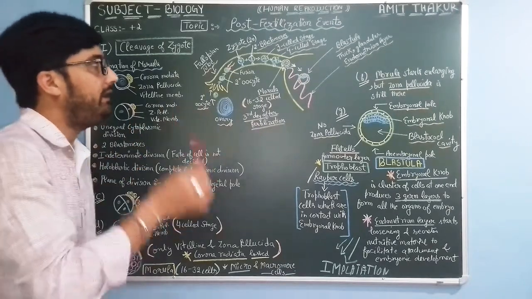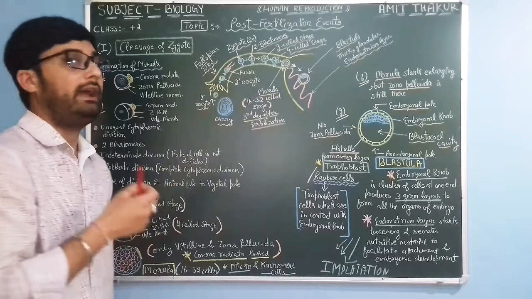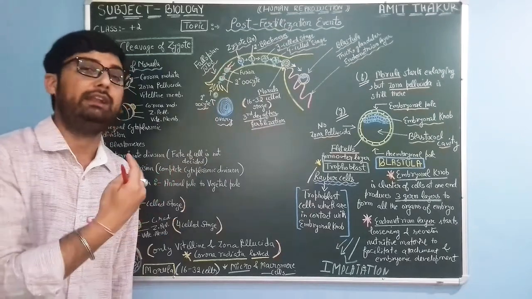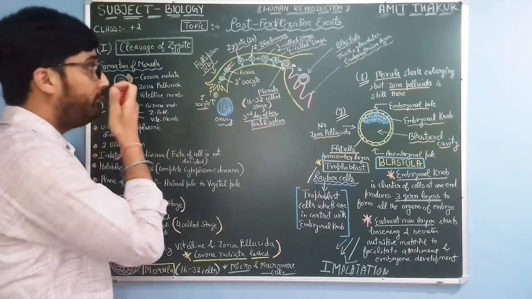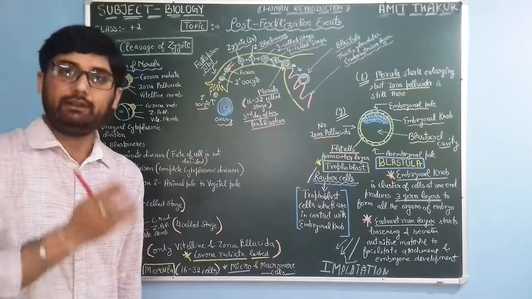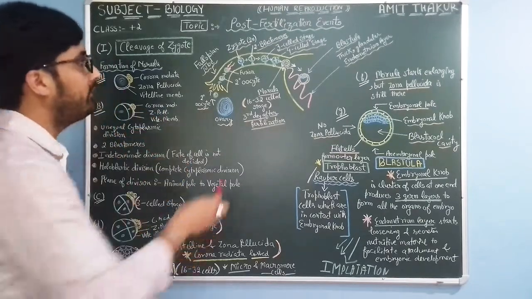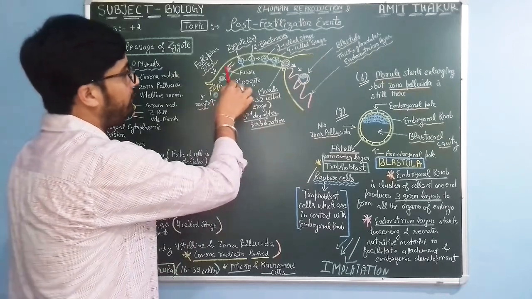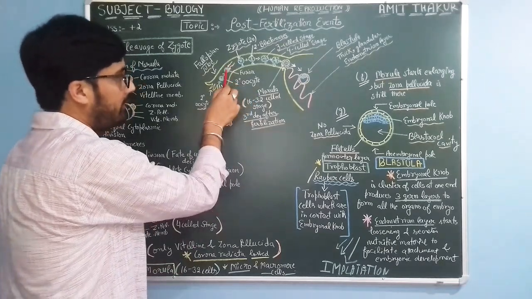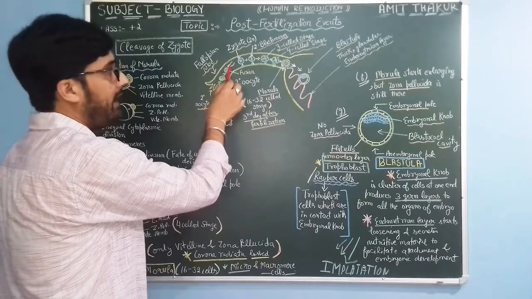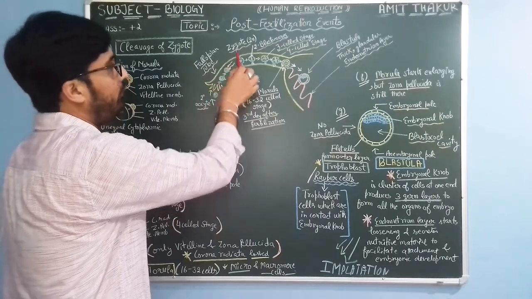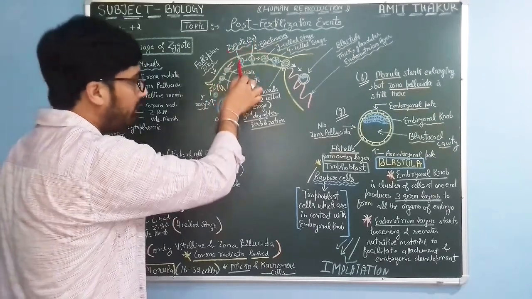When the sperms almost approach the secondary oocyte, meiosis II triggers and the secondary oocyte becomes an egg. Here you can see the fusion of female egg and sperm, and after fusion the formation of a diploid zygote.